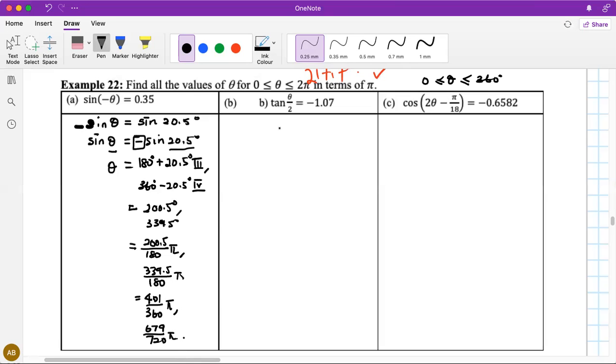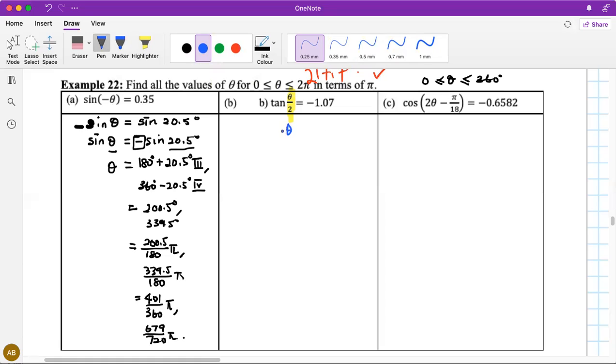Then we go to the second question, tangent theta over 2. Look at this, theta over 2. When we find the angle, the angle must be theta over 2 first, then we can convert into theta. Hopefully you understand what I'm talking about.